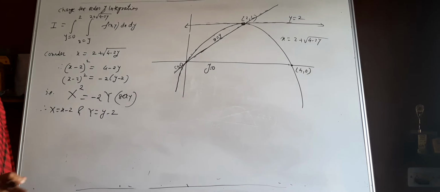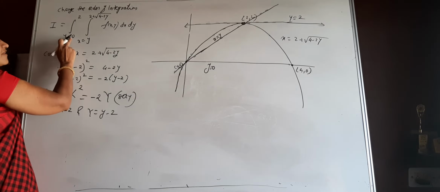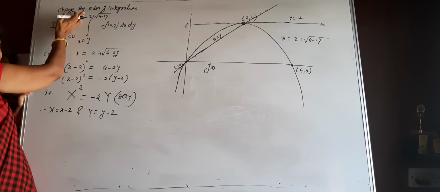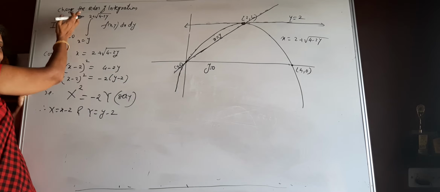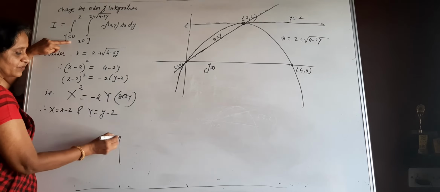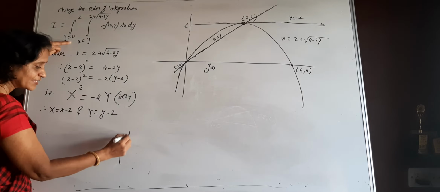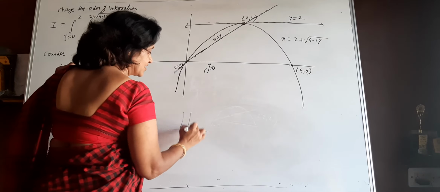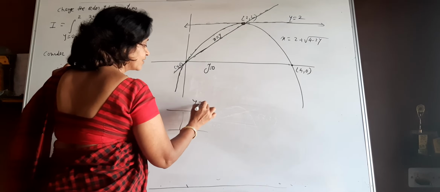How to select the region? Listen now. Limits of y from 0 to 2. Lower is 0, upper is 2. The meaning is, it is above y equal to 0 and below y equal to 2.